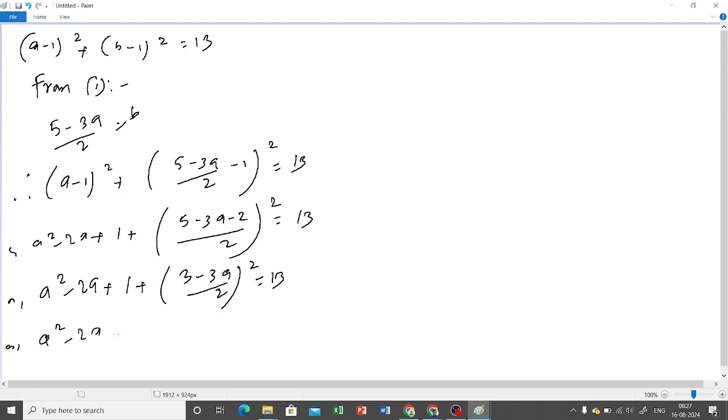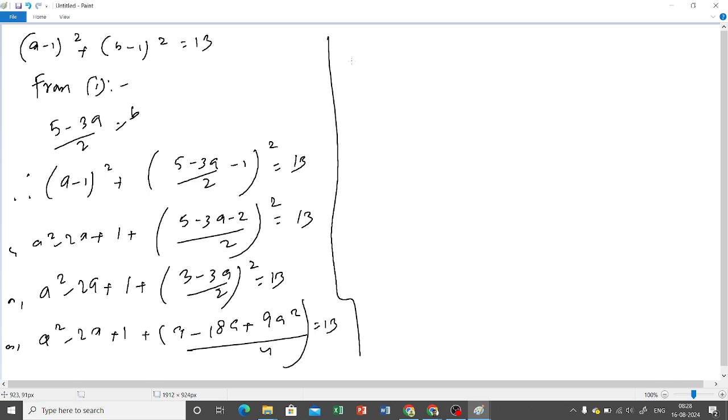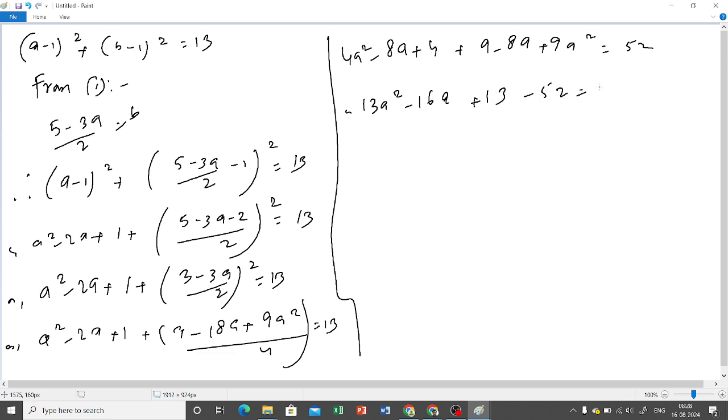Expanding, 4a square minus 8a plus 4 plus 9a square minus 12a plus 4 equals to 52. That is 13a square minus 16a plus 13.